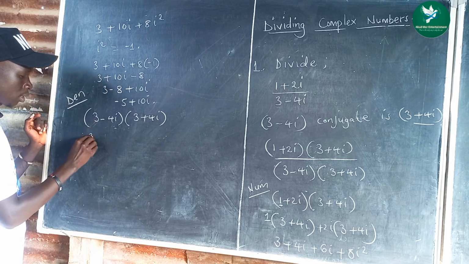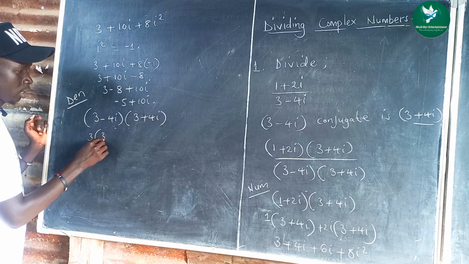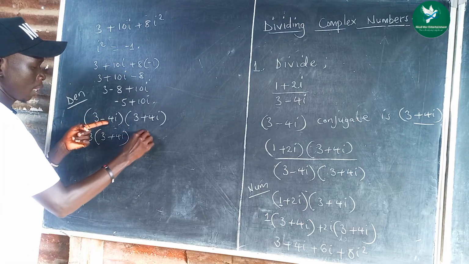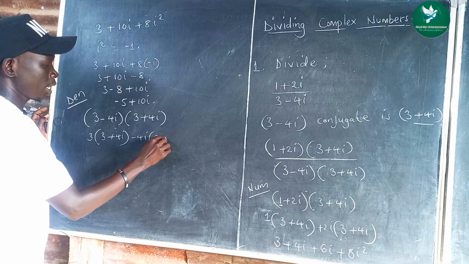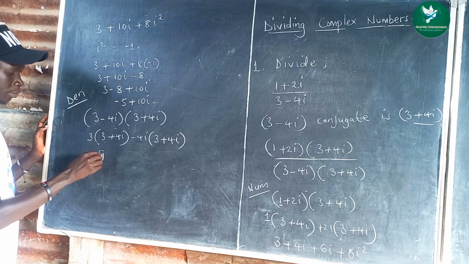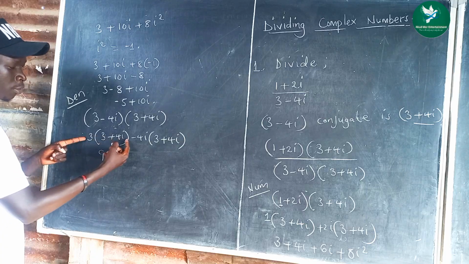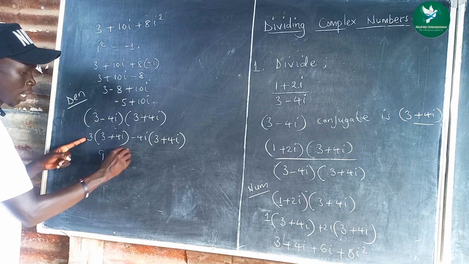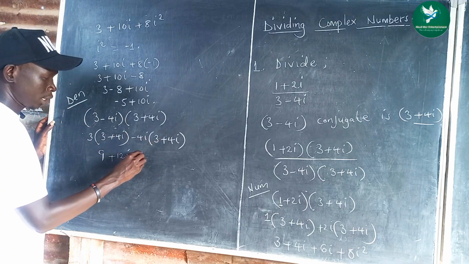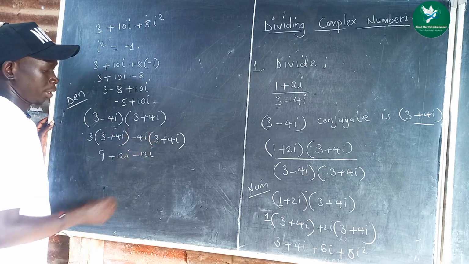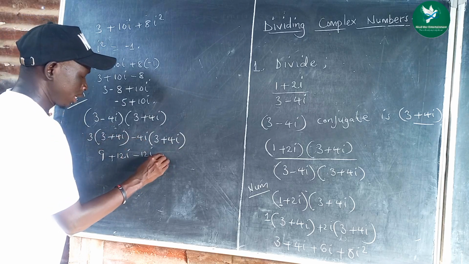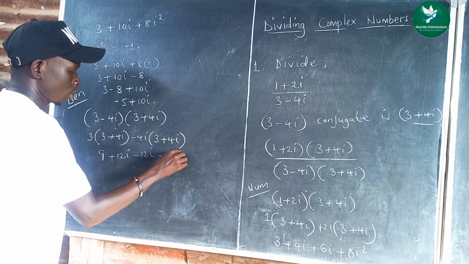We multiply 3 with 3 plus 4i, and we take negative 4i to multiply with 3 plus 4i. 3 multiplied by 3, we get 9. 3 multiplied by positive 4i, we get positive 12i. Negative 4i multiplied by 3, we get negative 12i. Negative 4i multiplied by positive 4i, we get negative 16i squared.